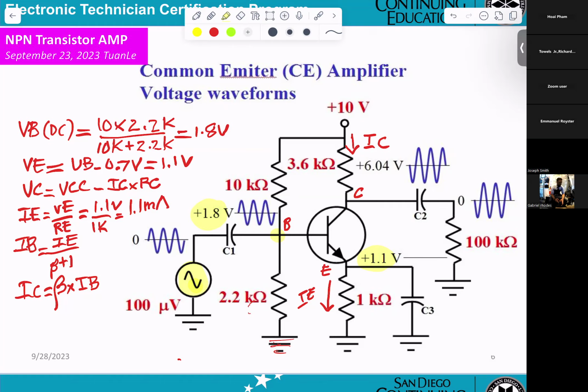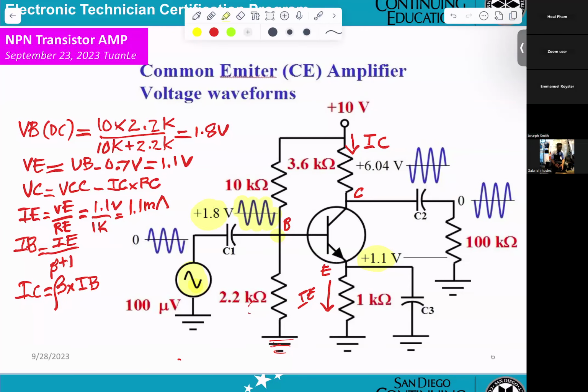When it goes to the base, you can see right here, 100 microvolt. So if you're looking at the signal at the base, how can you set up your oscilloscope in order to see the AC signal?